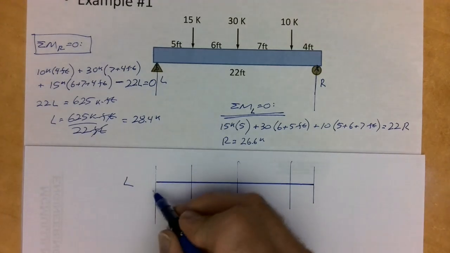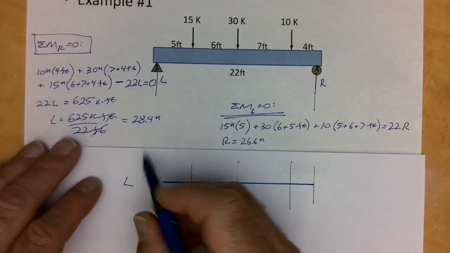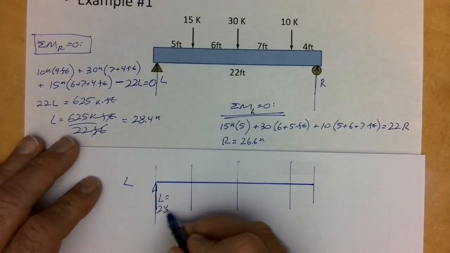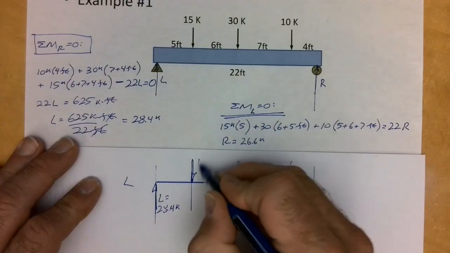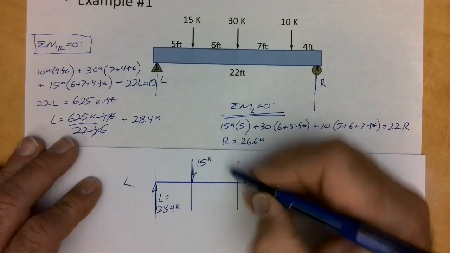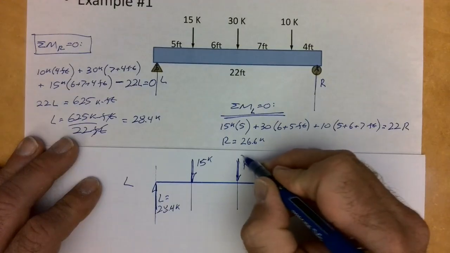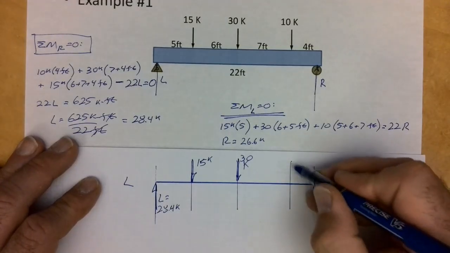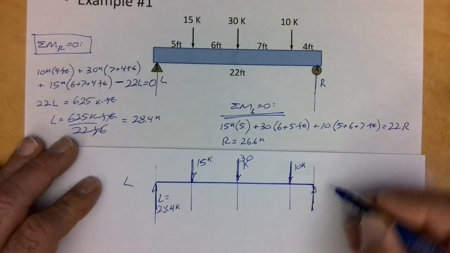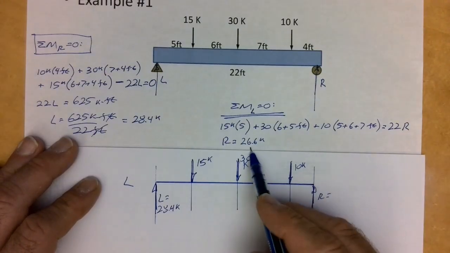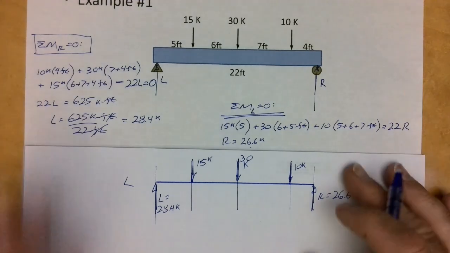So on the left side I have a reaction of 28.4 kips. I have a load of 15 kips, 30 kips, 10 kips, and then on my right the reaction is 26.6 kips.